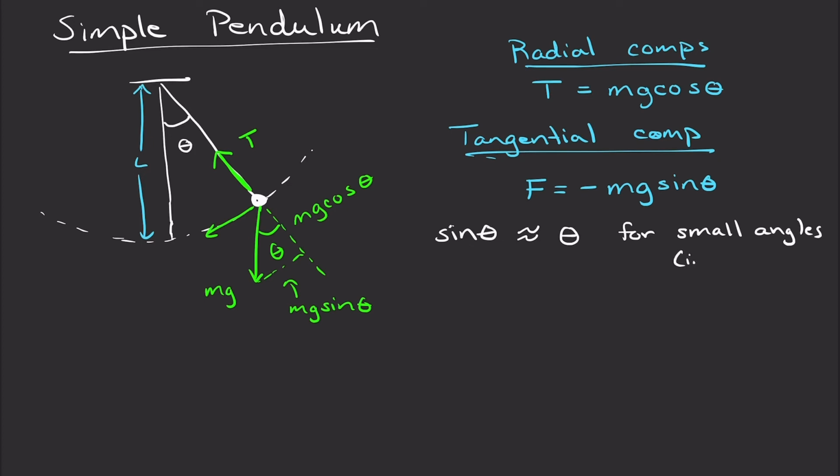And I'll put in radians. That's really important. If you have your calculator in degrees mode, this won't work. Okay, but if you put in small angles in terms of radians into sine, and then you just look at that number, they should be fairly close. Well, that allows us to rewrite this. So now we can just replace sine theta with theta.